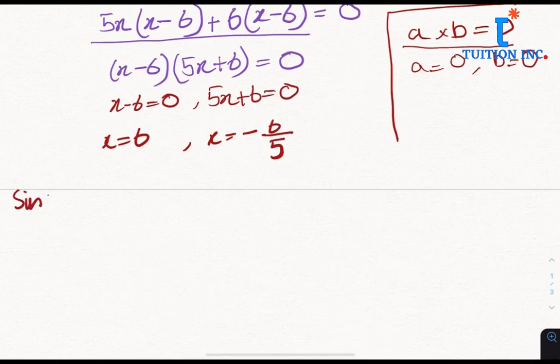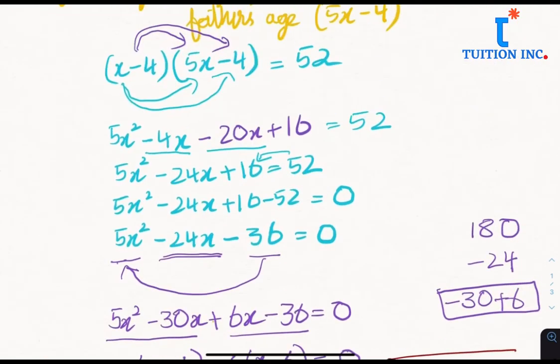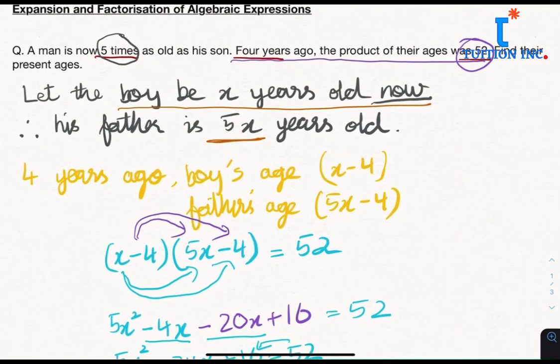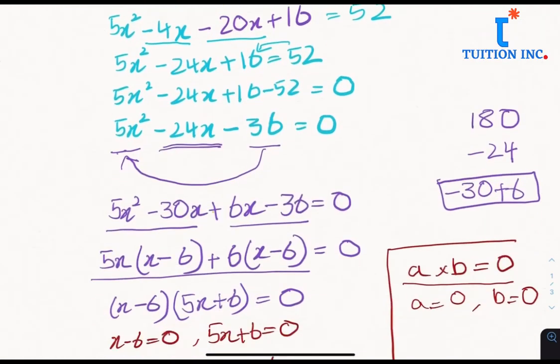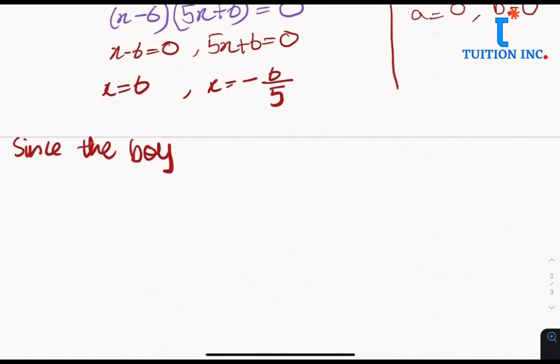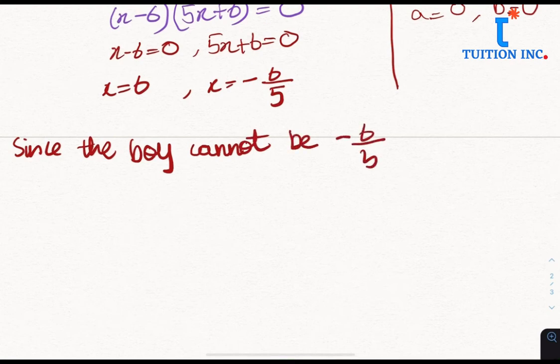Since the boy's age now was x, we go up and see what was x. So x was the boy's age, the present age. So since the boy cannot be minus 6 by 5 years old, thus we ignore this.